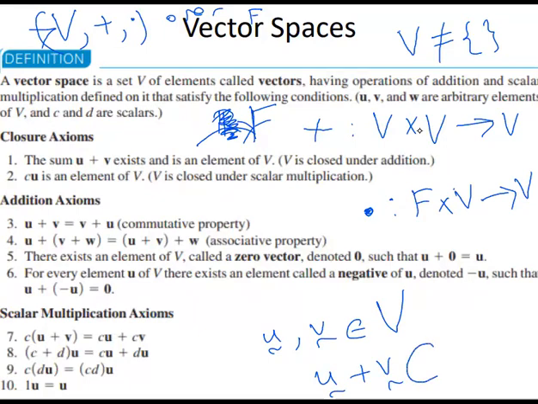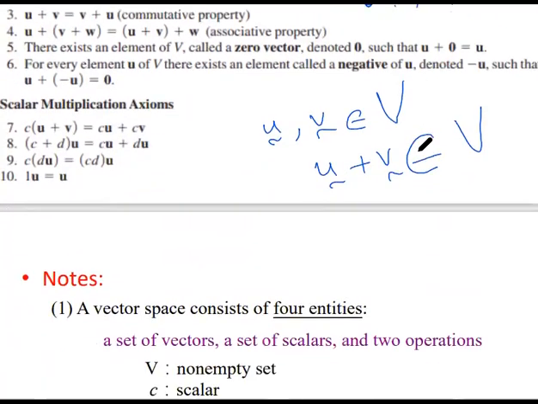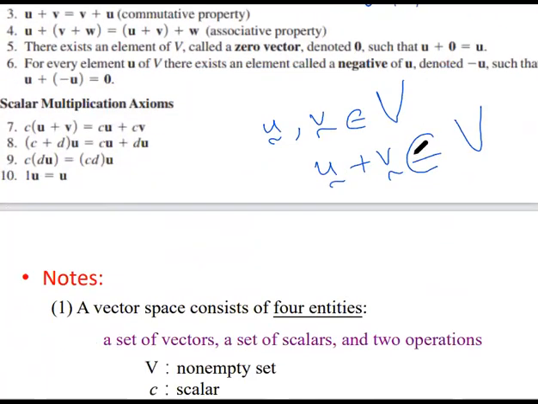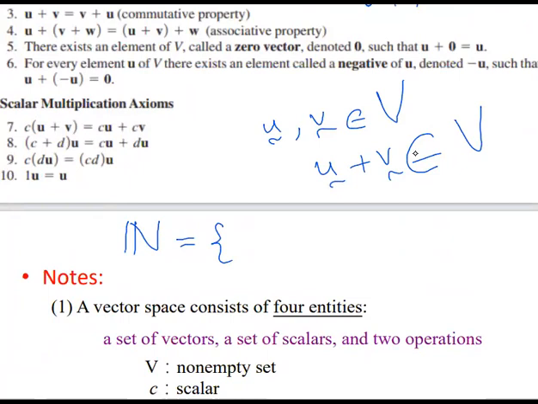You get something in V. That property is called the closure property. V is closed under addition. For instance, consider the natural number set. It has counting numbers 1, 2, 3. So this is your set.